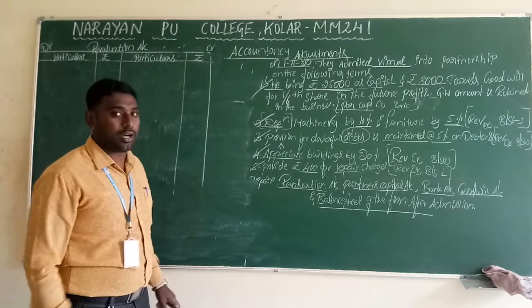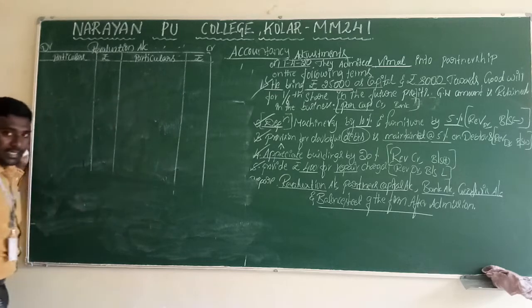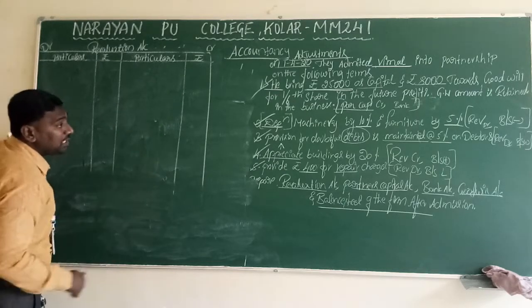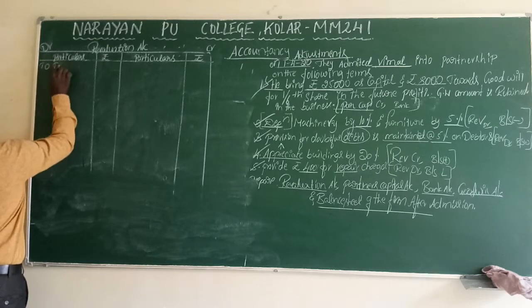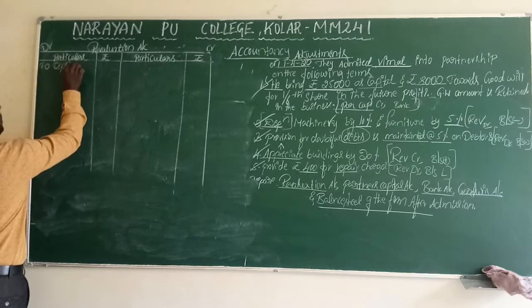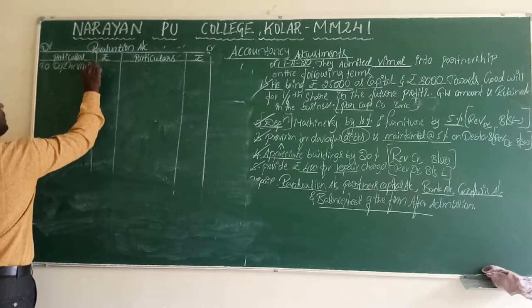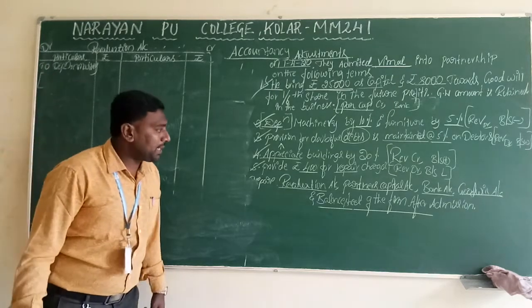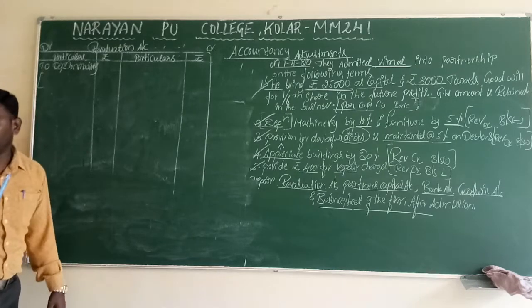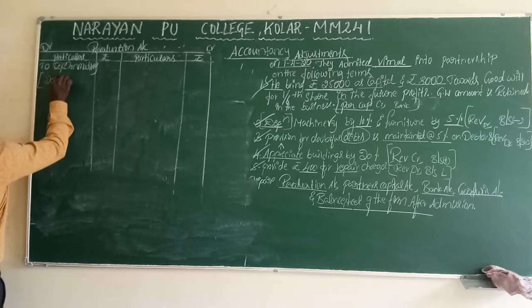Which side do we have to record it on? Expenses always come to the debit side and incomes always come to the credit side. So here they have given depreciate machinery. We have to record it on the debit side: to depreciation on machinery. The value of machinery is 20,000 and the rate of depreciation is 10%.